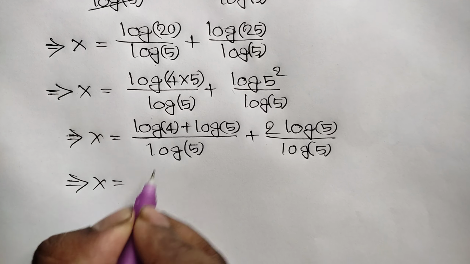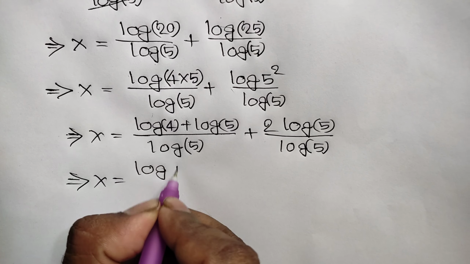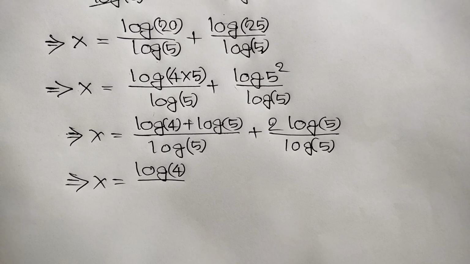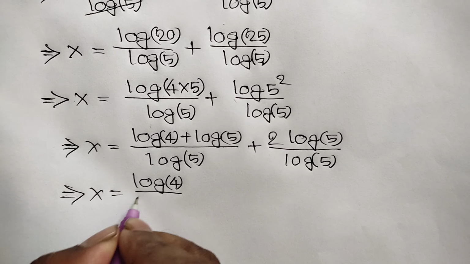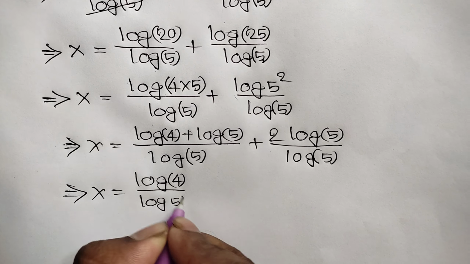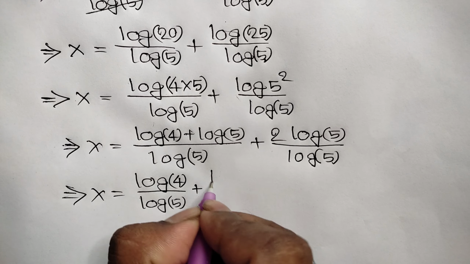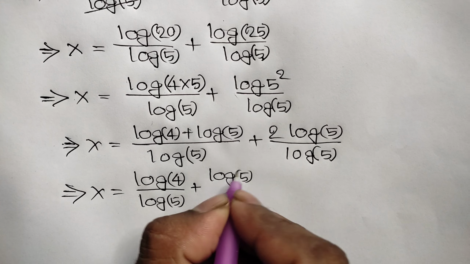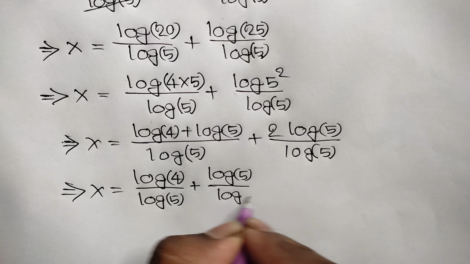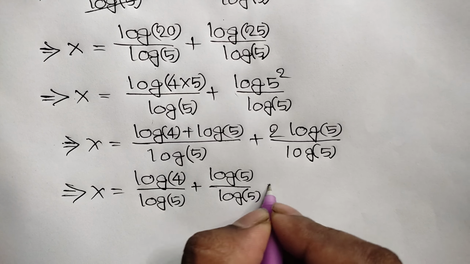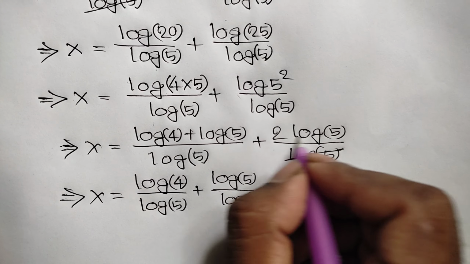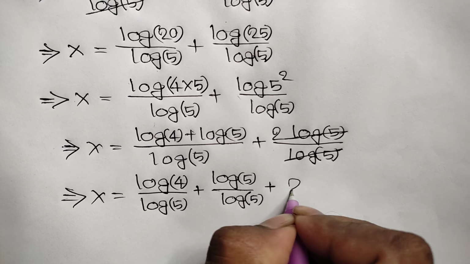Or x is equal to log of 4 over log of 5 plus log of 5 over log of 5, plus this log of 5 cancels out this log of 5, so here we will get 2.